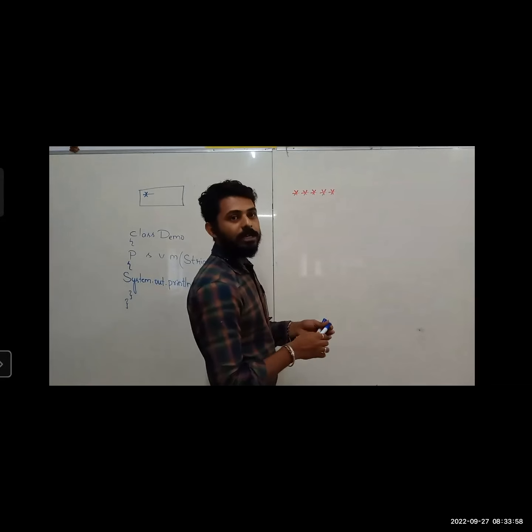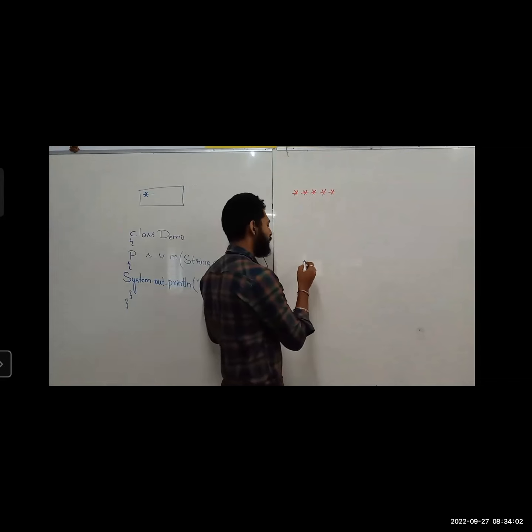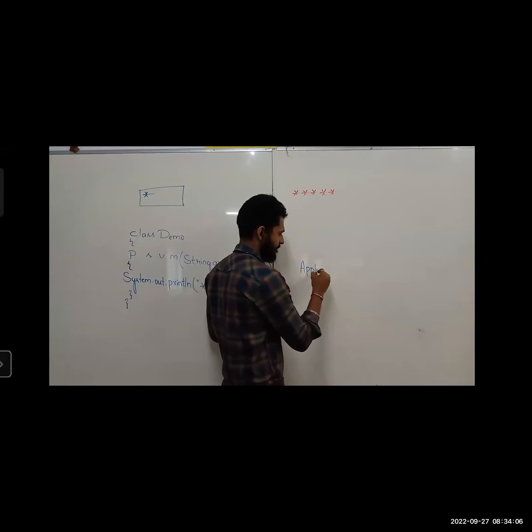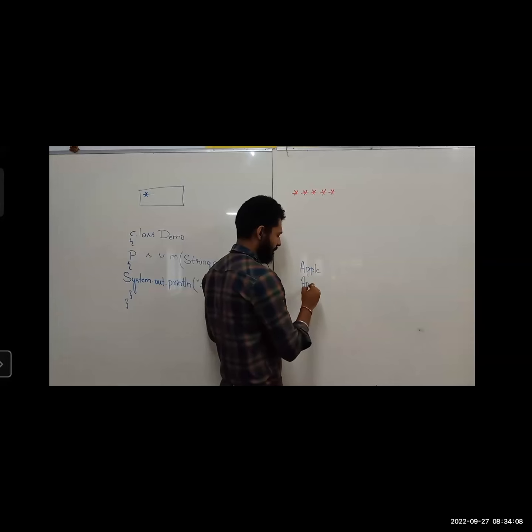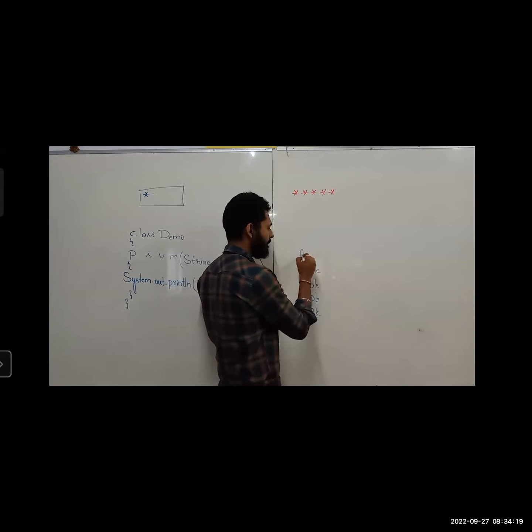So now imagine, I will not take this concept. Forget about this concept. I will ask you to write apple 5 times. Manually, is there any solution to do this apart from writing? No. But in programming, there is one solution.